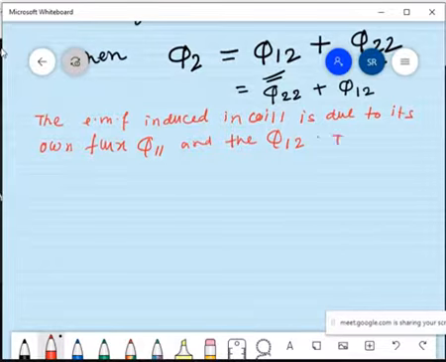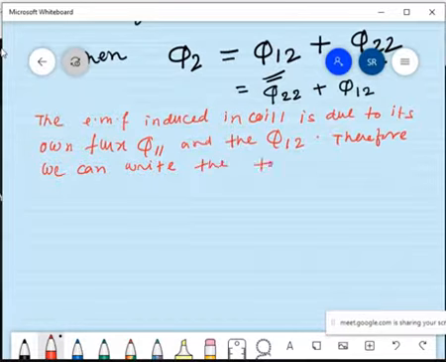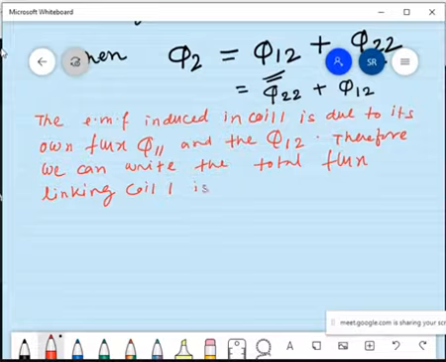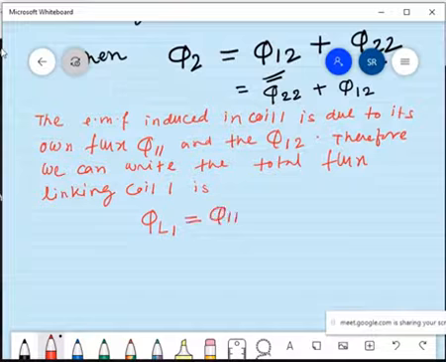Therefore, we can write the total flux linking coil 1 as phi L1 is equal to phi 1 1 plus phi 1 2.